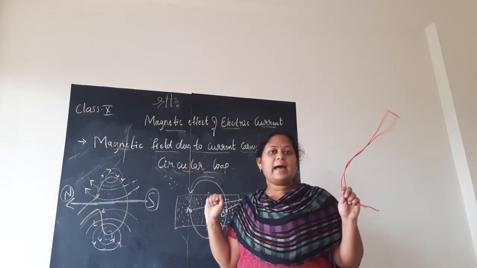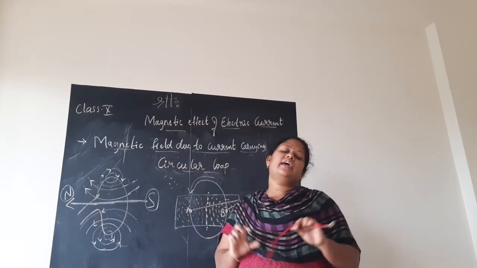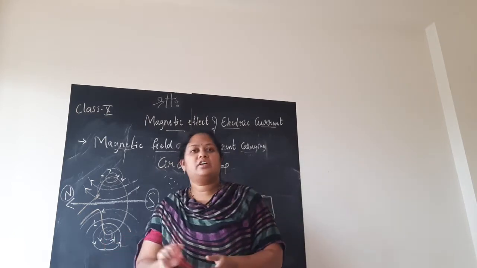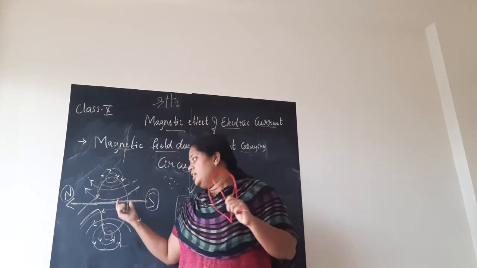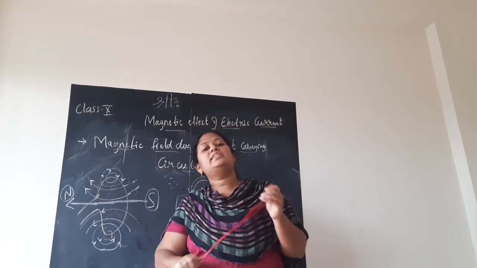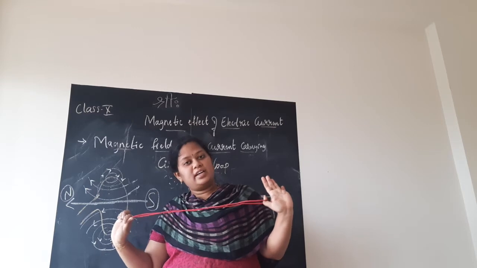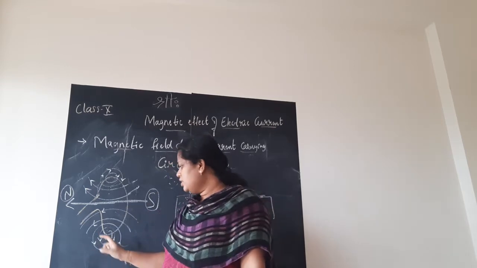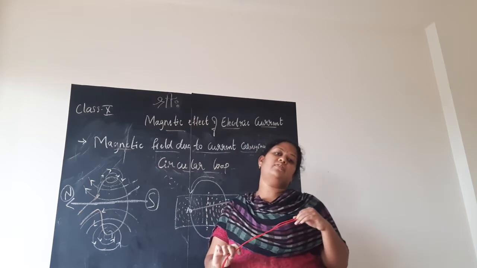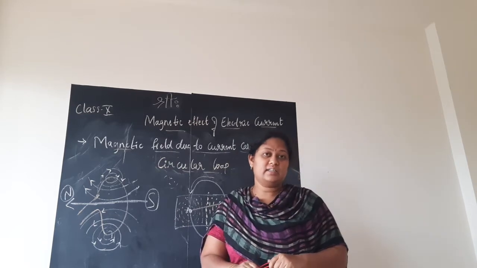That is what will happen in case of the current carrying circular loop. In this circular loop, each part of the wire acts as a straight current carrying conductor. Hence, you can see the magnetic field lines in this case also arrange themselves in the form of concentric circles.